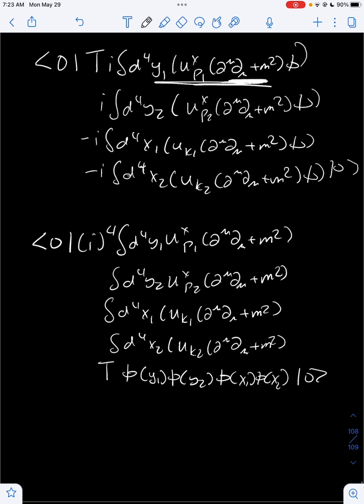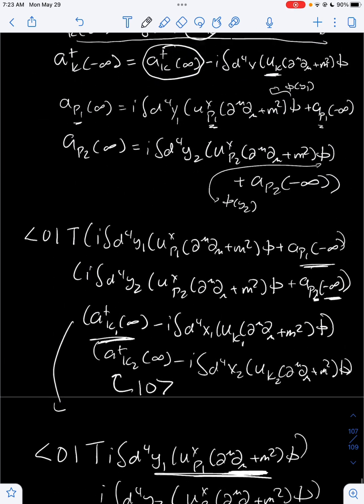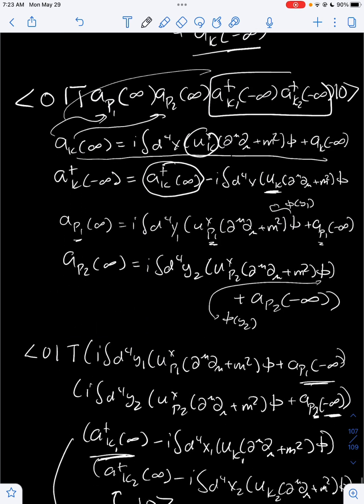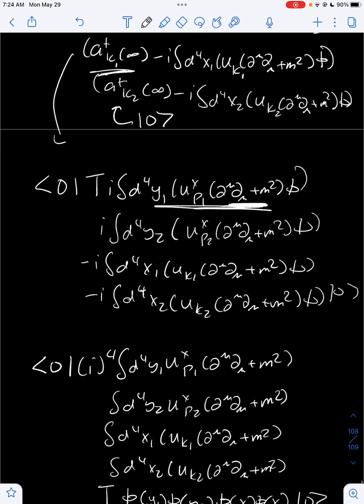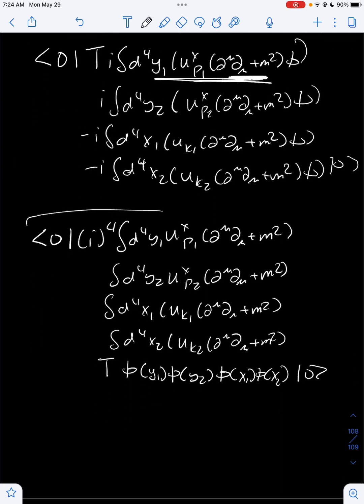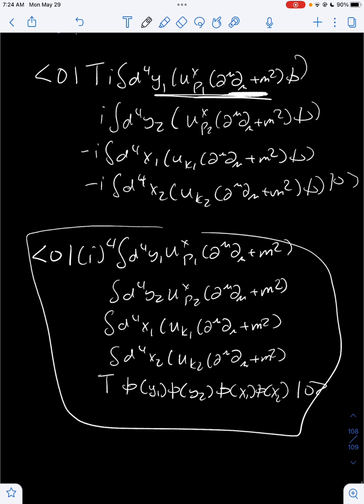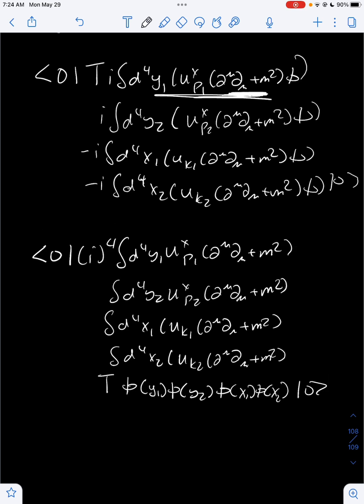So what did we just do? Well, we wanted to find out what this was going to be, and we want to have expressions for our quantum fields inside of here. And then we got this over here. This is what that thing is equal to. And this is pretty big, right? It's pretty hefty.